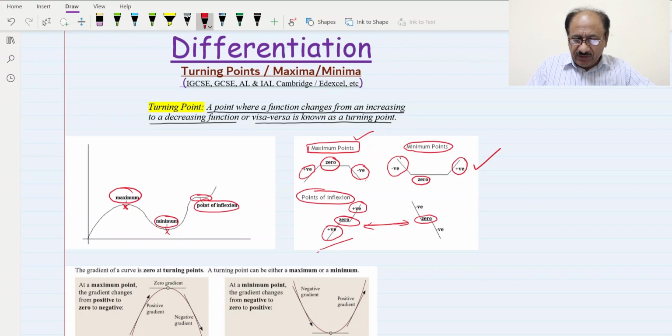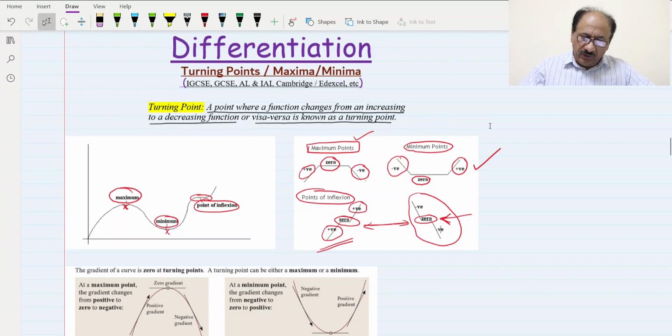So in this example the gradient of the function before and after are both positive, but only at the point of inflection is it zero gradient. Whereas in this section of the graph, before and after gradients are negative, while the point of inflection has zero gradient. So this is about the point of inflection.